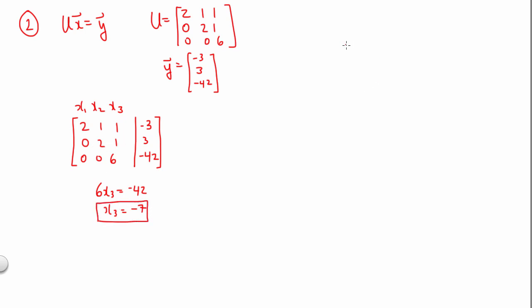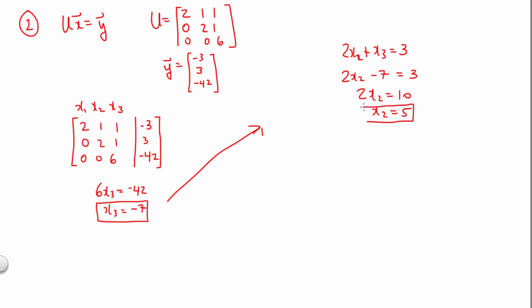The middle row says that 2x2 plus x3 is equal to 3. And if we plug in our known value, that x3 is equal to negative 7, then we've got 2x2 minus 7 is equal to 3, meaning 2x2 is equal to 10, and x2 is equal to 5.